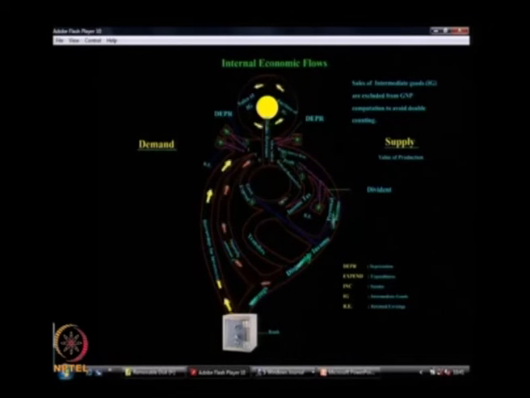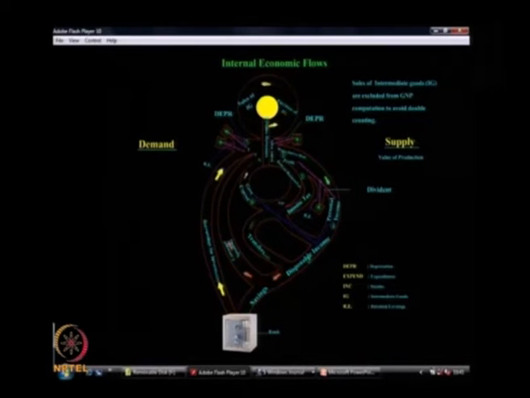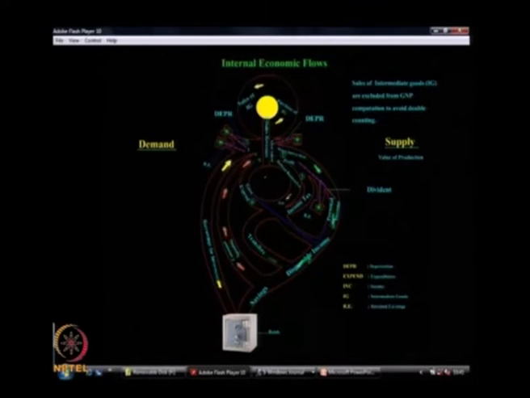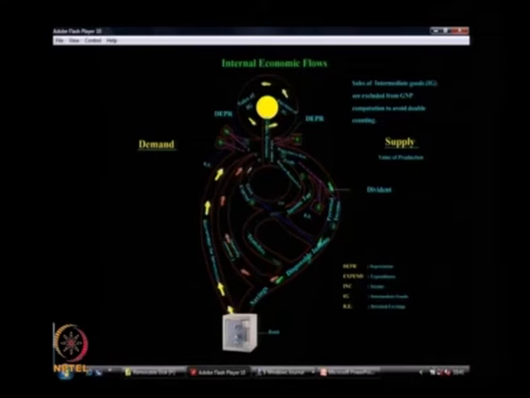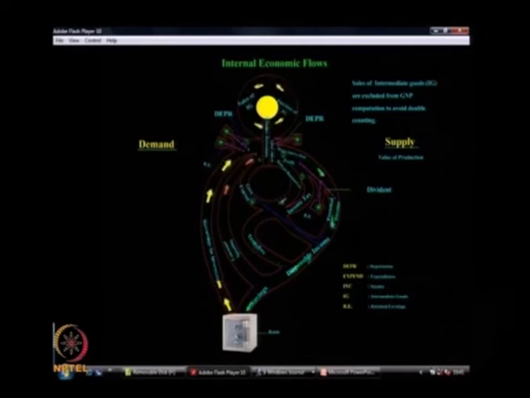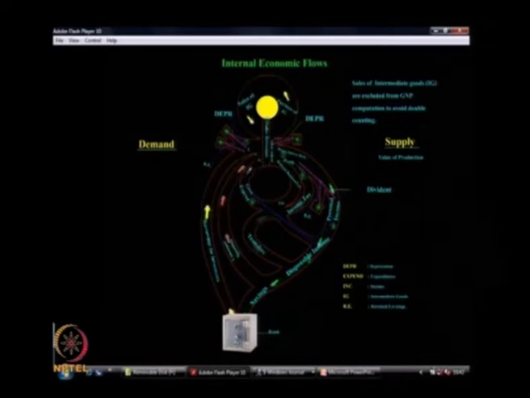It shows the relationship between the various elements in the economic value addition process and the expenditure components that come in the form of consumption, investments and government spending. So I will just trace the path of this economic flow for you to understand this better. The value add that you see here is the sales minus the purchase of intermediate goods, because that is the real value add that is being created, as we saw in the previous example.